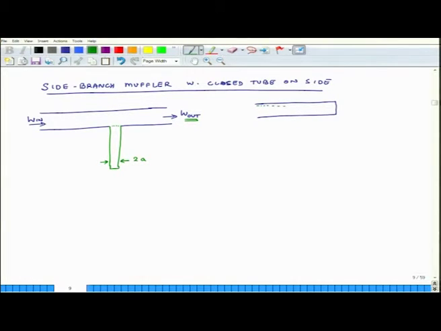So, it could become maximum here. So, it is like this. So, this will be 1/4 of lambda. So, this dotted line is the spatial envelope for velocity in a closed tube, and this is something we have discussed earlier in our earlier classes.